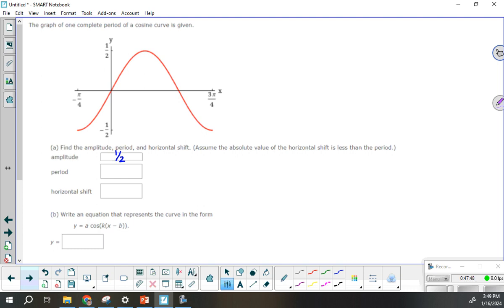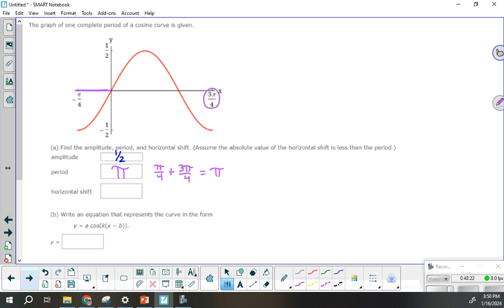By the graph, we went pi/4 to the left, which is obviously going to be my shift, to 3 pi/4 to the right. Well, pi/4 plus 3 pi/4 is pi, because it's technically 4 pi/4. So my period is 1 pi.